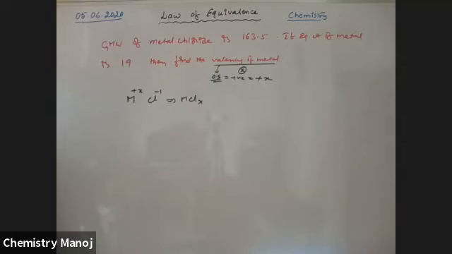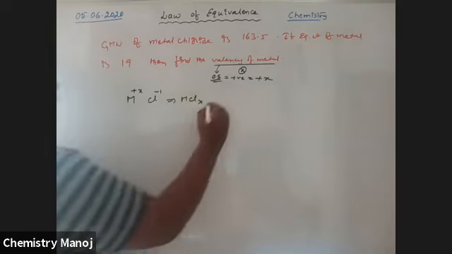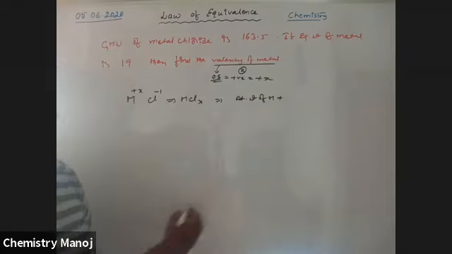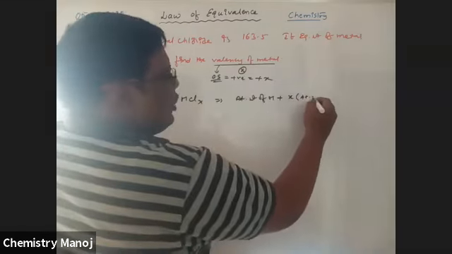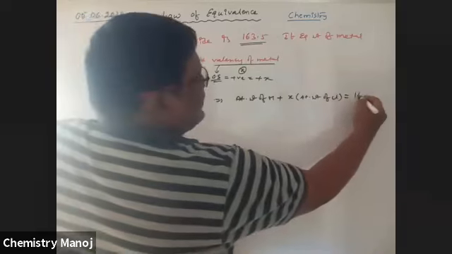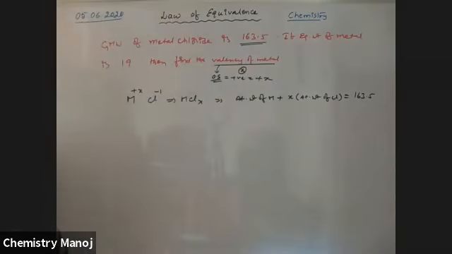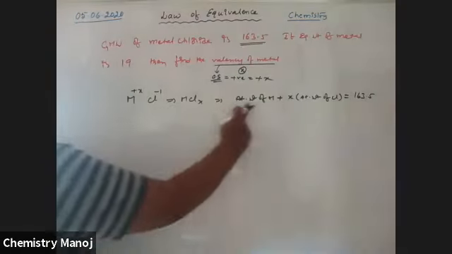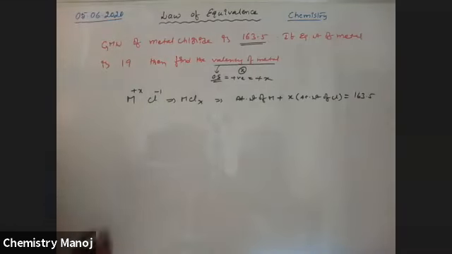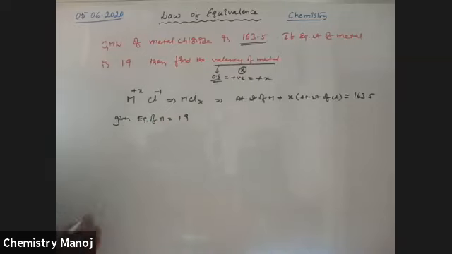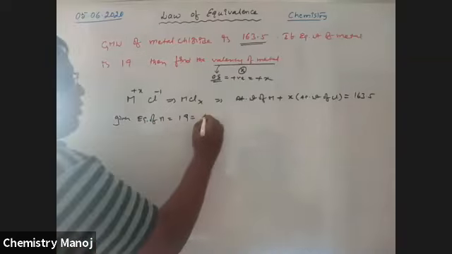So that implies atomic weight of metal plus X into atomic weight of chlorine is equal to molecular weight, 163.5. Now we don't know the atomic weight of metal. Given equivalent weight of metal is equal to 19. Equivalent weight is equal to atomic weight by valency.